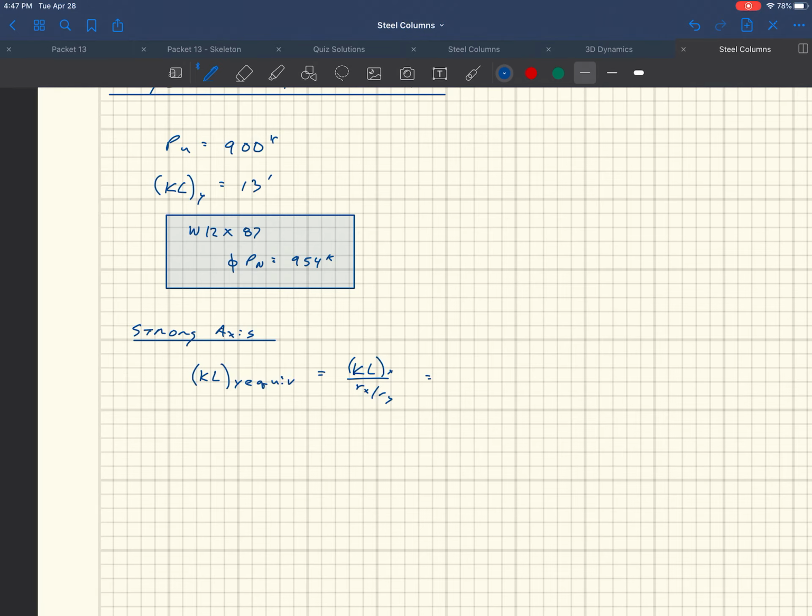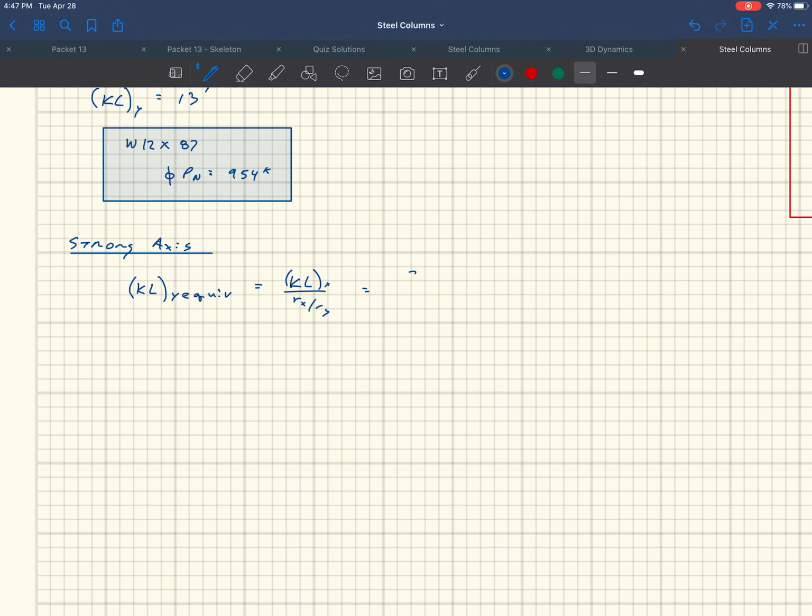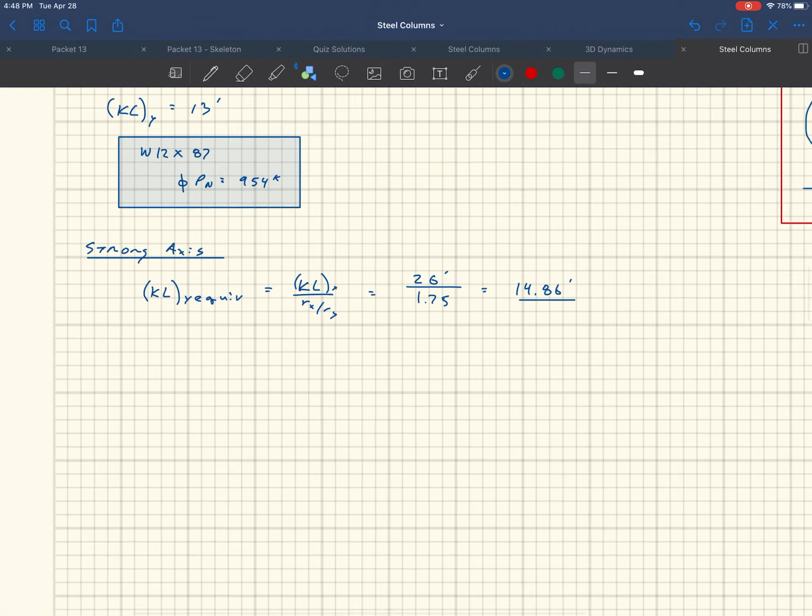KLX we found to be 26 feet. Then we divide that by 1.75. So what you get here is 14.86 feet. So my KL for the strong axis is 14.86.